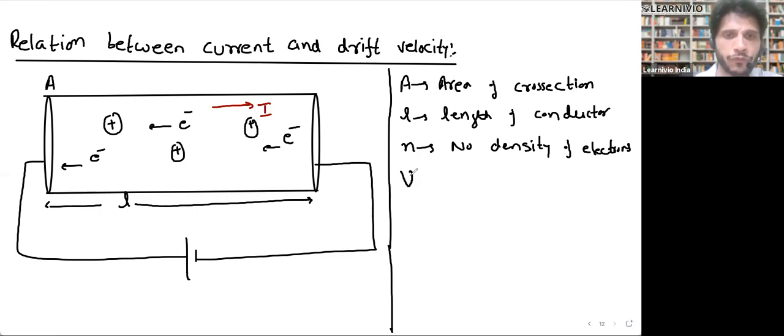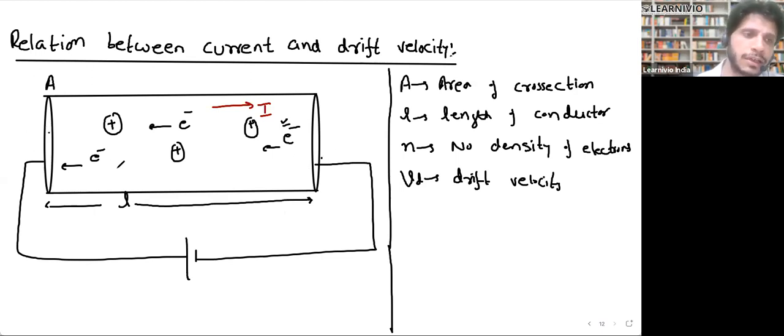And then we have Vd, which is drift velocity of electrons. If electrons are moving with this drift velocity, to move from one end of the conductor to the other end, they have to travel a distance L.